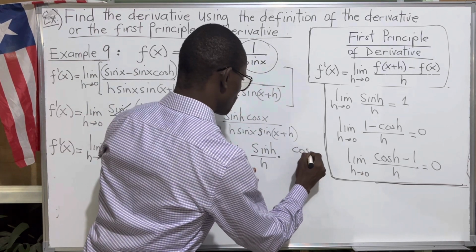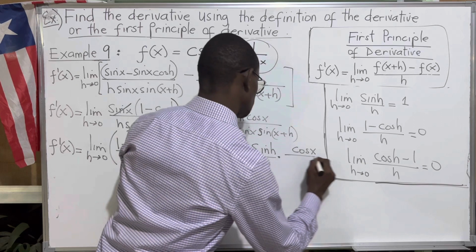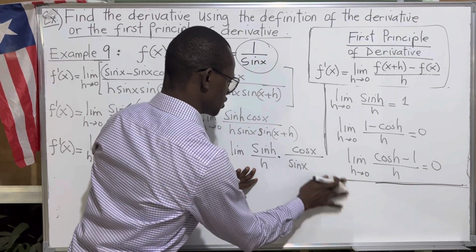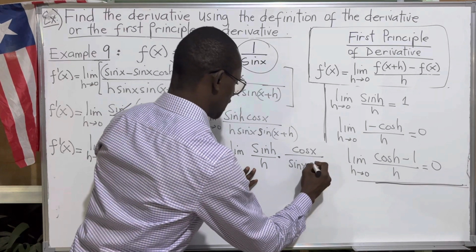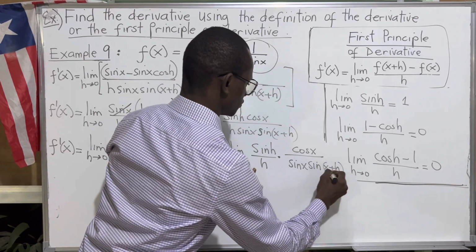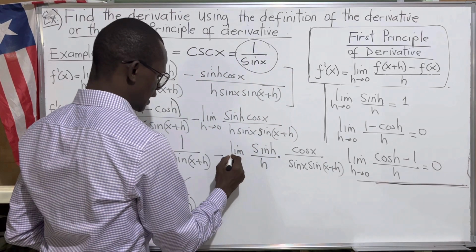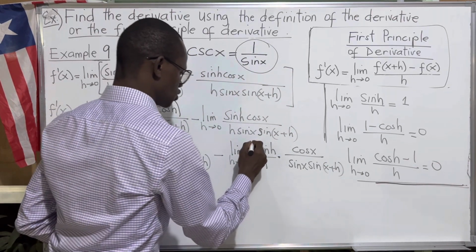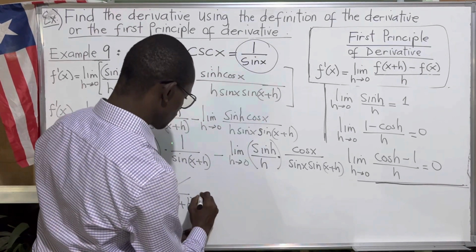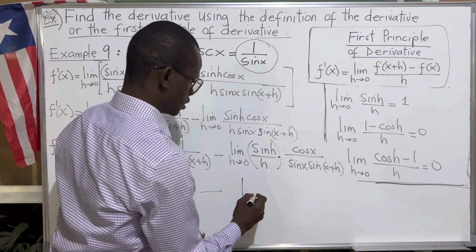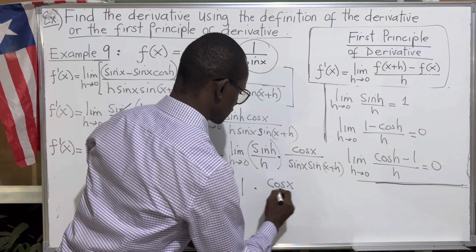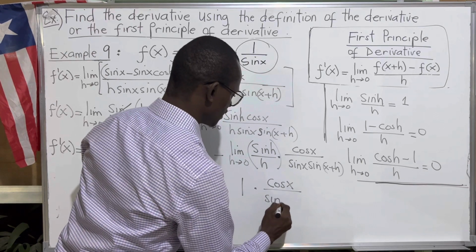Then cos of x is a constant, divided by sine of x, which is also a constant, times sine of x plus h, which is not a constant, as h approaches 0. So the limit of this expression gives us 1 times cos of x all over sine of x.